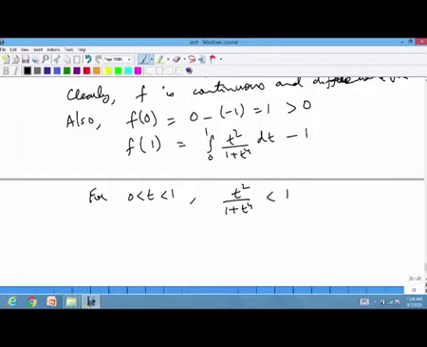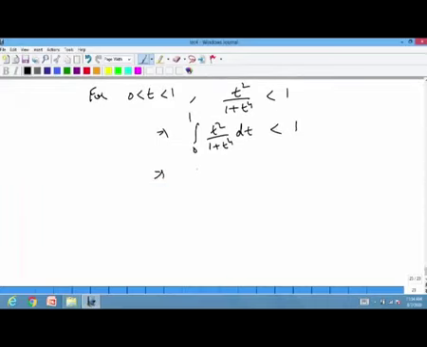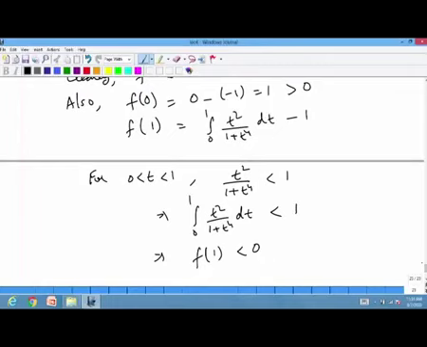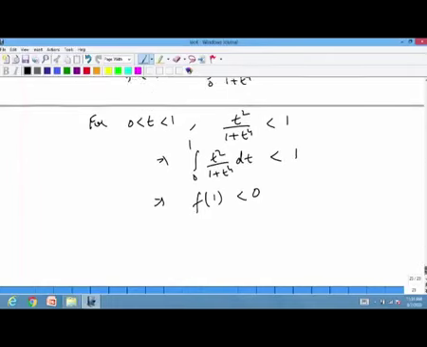So, therefore, the integral 0 to 1 of t squared by 1 plus t to the 4 dt will be less than 1, and therefore, f of 1, the difference, is negative.